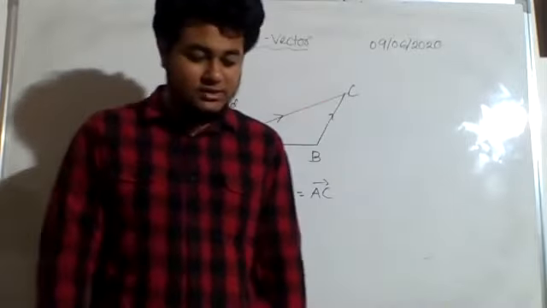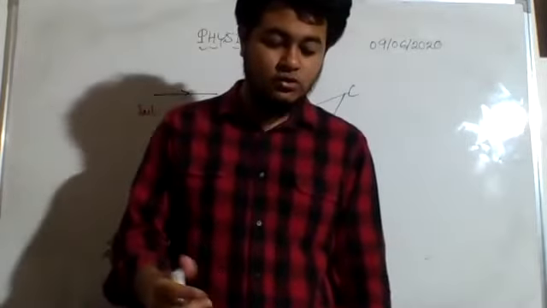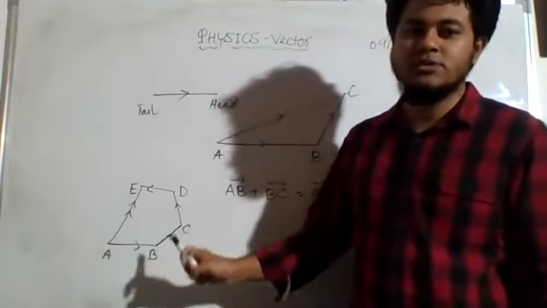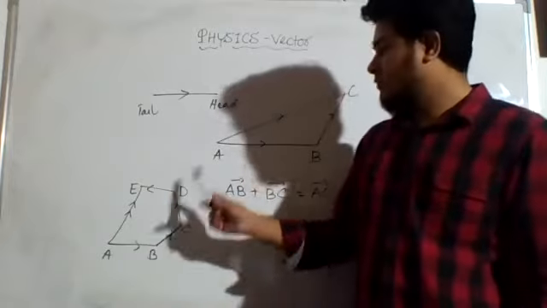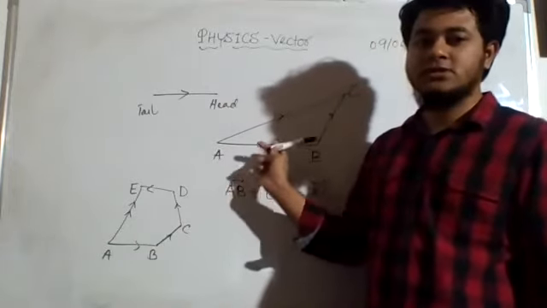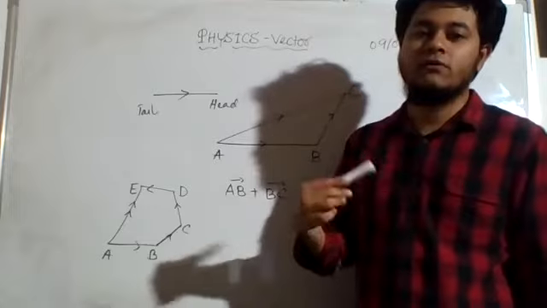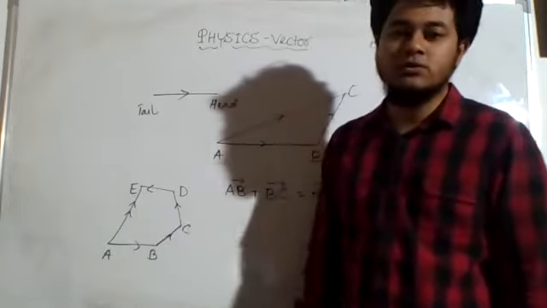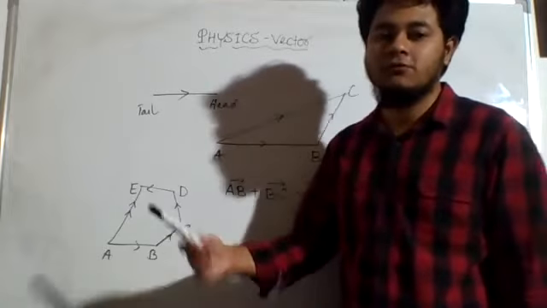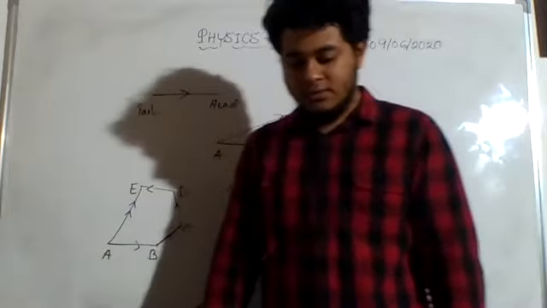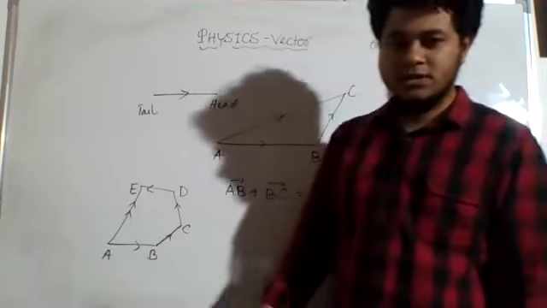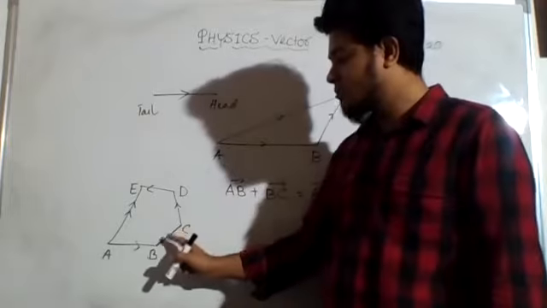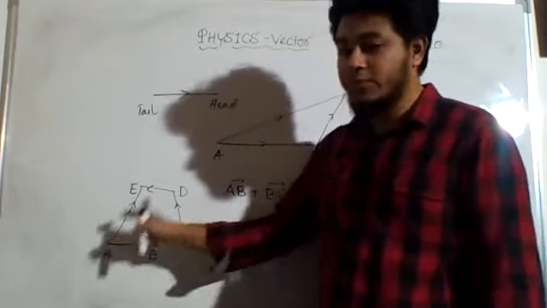And as you can see, in case of addition of more than two vectors, it is not a triangle anymore, right? It becomes a polygon. So that is why for addition of two vector, it is called triangle law of addition of vector because this forms a triangle, but here it forms a polygon. So that is why it is called a law of polygon. What is the law of polygon? Let us revise again. The tail of the next vector will be placed on the head of the previous vector.